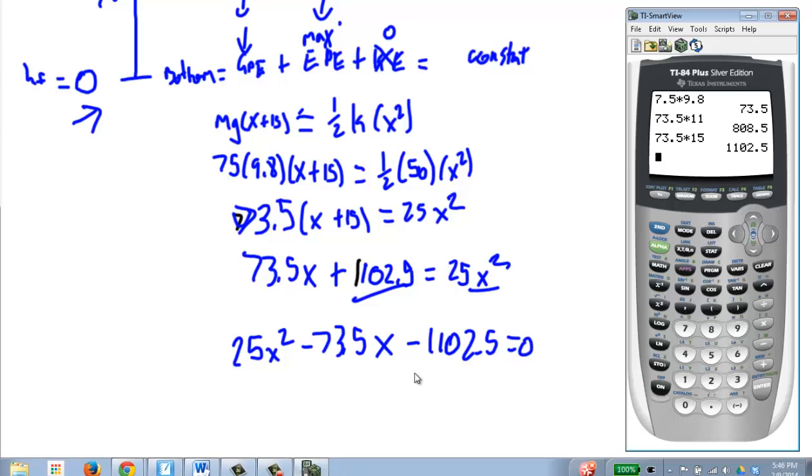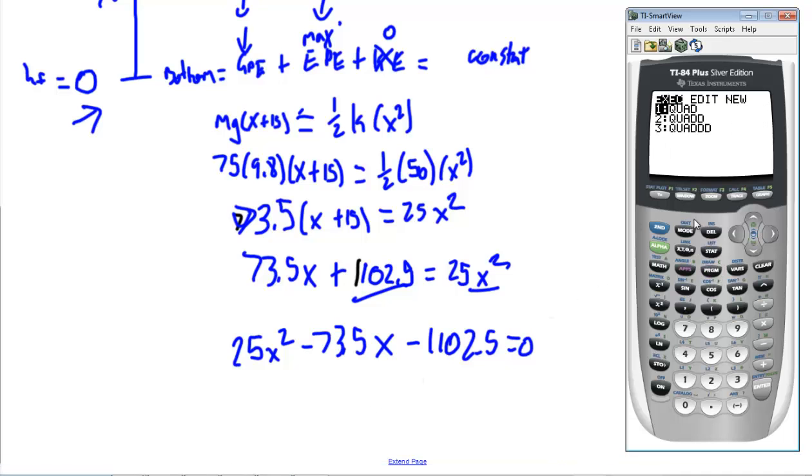And one more time with our calculator, program quadratic, go. 25 for A, negative 735 for B, and negative 11,025 for C.